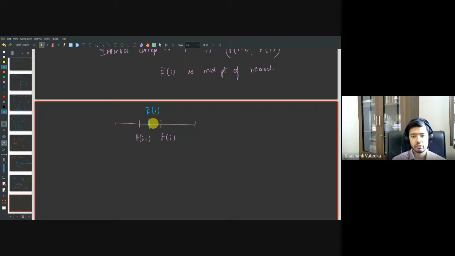Now, if I truncate f bar of I to a certain number of bits, only the first L bits of f bar of I, I'll use the notation f bar of I within square brackets subscript L. So this is f bar of I truncated to L bits.